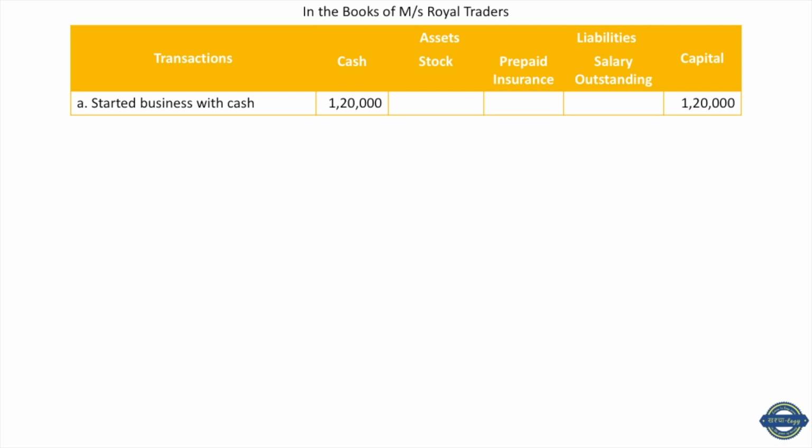We will firstly write in the middle of the page in the books of Messrs Royal Traders. And the format, you will have to draw this with a ruler and pencil. So please do this very neatly. We have to present this in a very proper and neat manner.